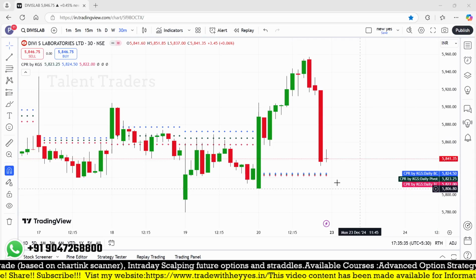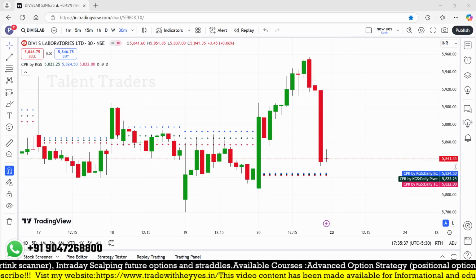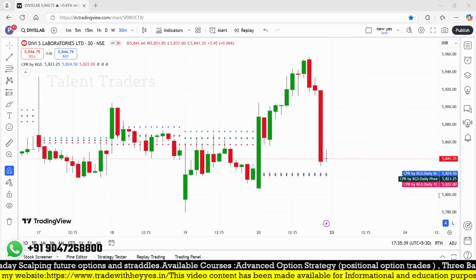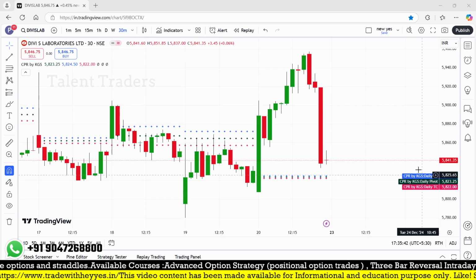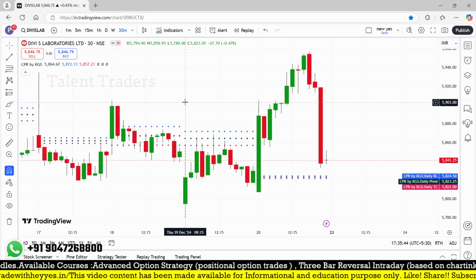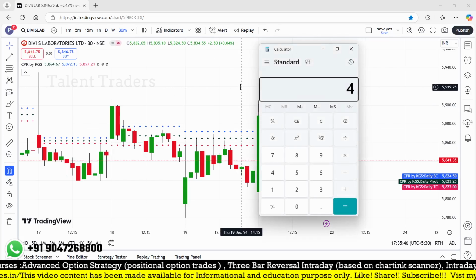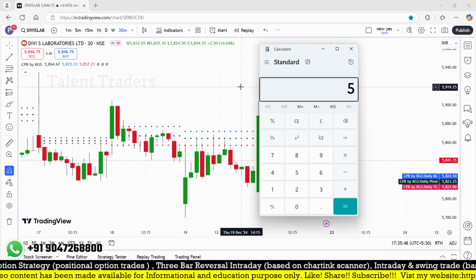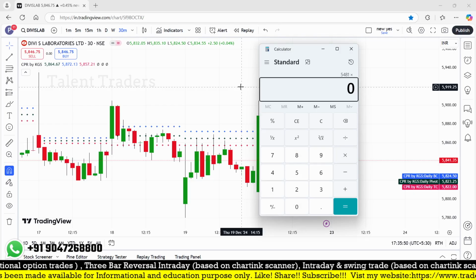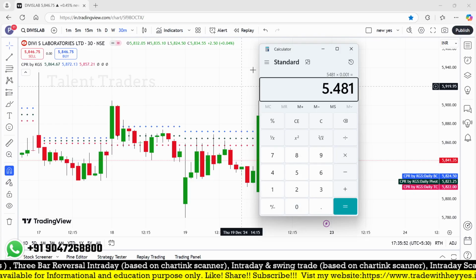For example, if the closing price is 5481, I'm making a calculation of that: 5481 multiplied by 0.001 gives a gap of about 5 rupees.